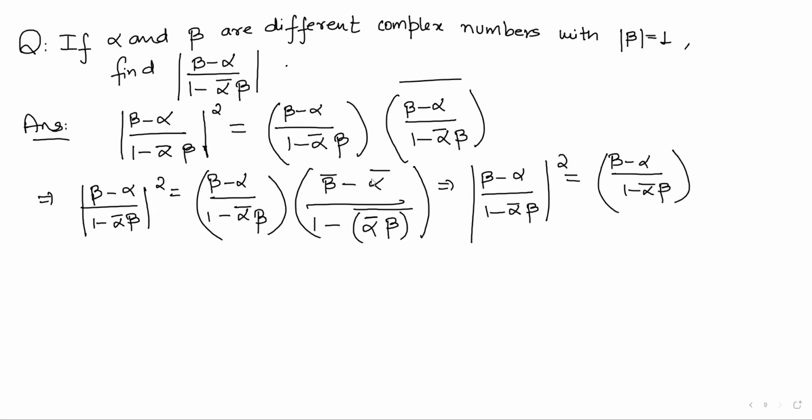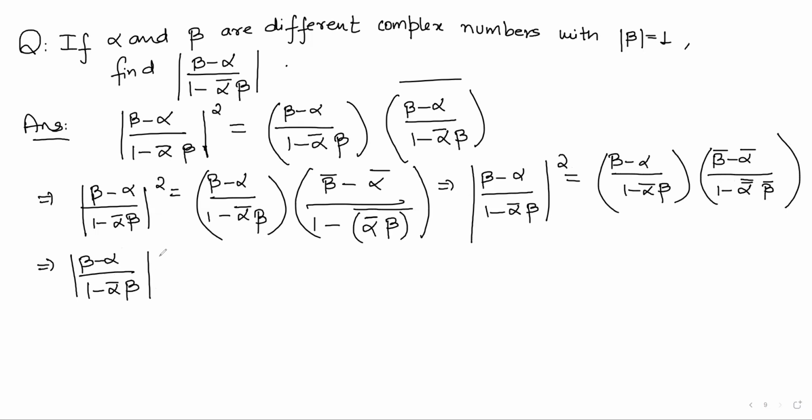Yusra, I can't hear you. You can message me on the chat box. Yes, sir. So there is 2 times conjugate on alpha. So will it be... Sorry, Yusra, I'm not able to understand your doubt. Like what are we supposed to do if there is 2 times conjugate on alpha?